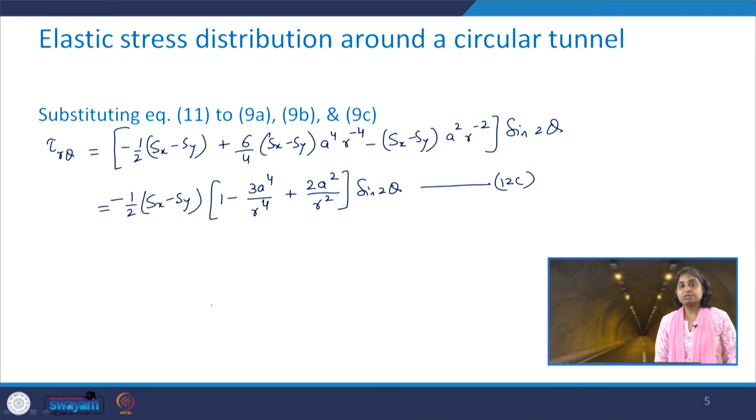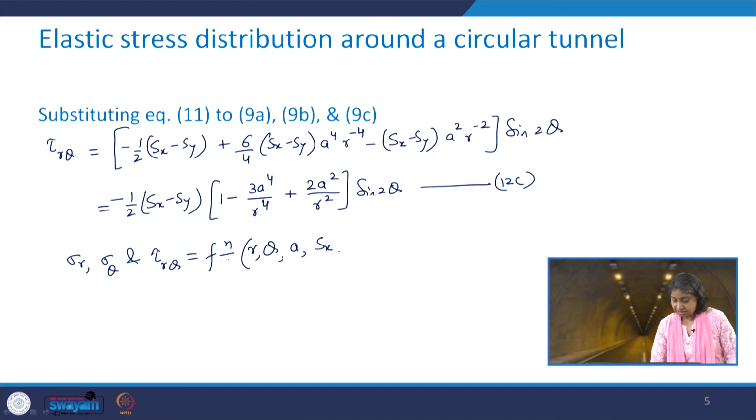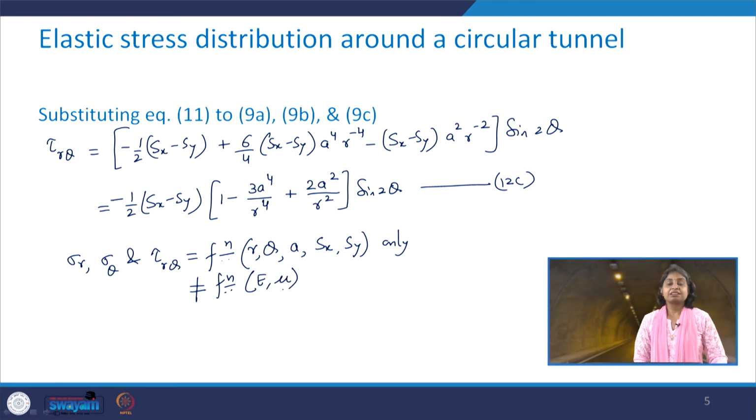Now, kindly note here that sigma r, sigma theta and tau r theta, they all are functions of r, theta, a, sx and sy only. What I mean here is that they are not functions of E and mu, that is the elastic modulus and Poisson's ratio of the rock.